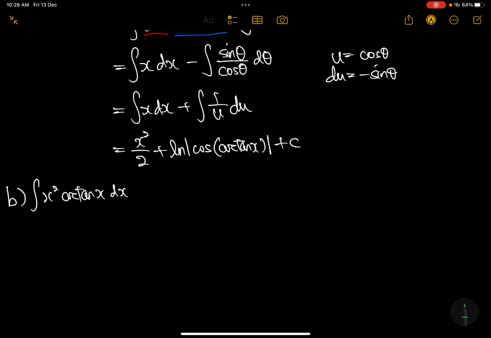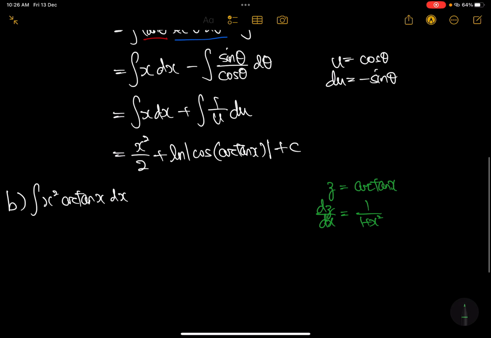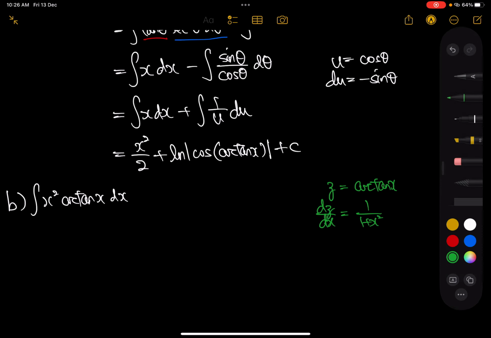So let's say we have z equals arctangent x. dz over dx is 1 over 1 plus x squared. This is really straightforward. I could do some explanation right here.